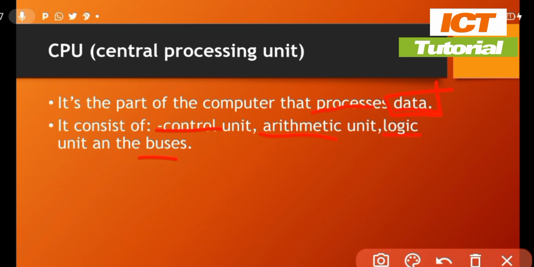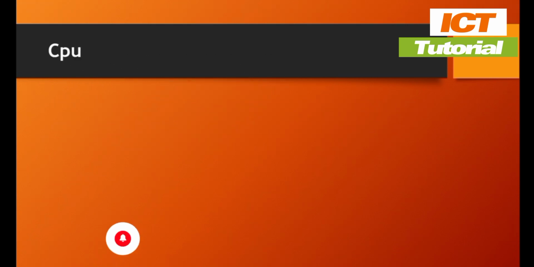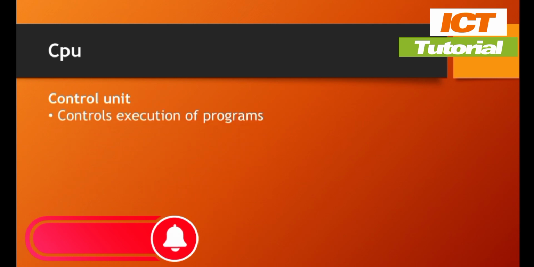We are going to check each and every one of the CPU components, beginning with the control unit, which controls the execution of programs. To execute is to process.